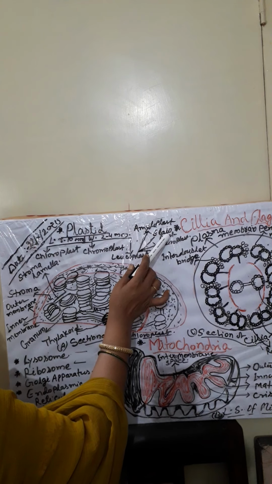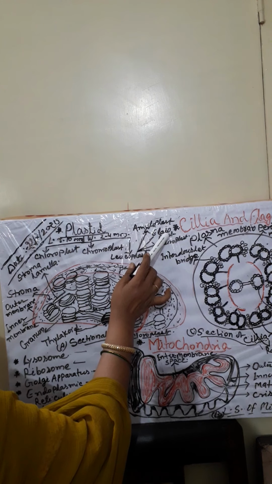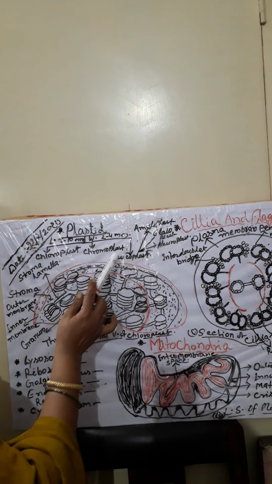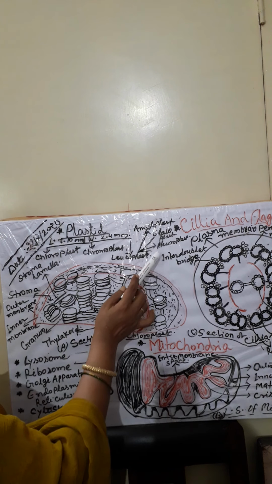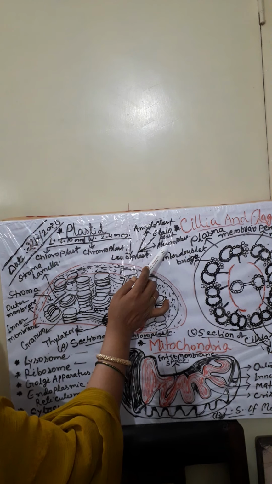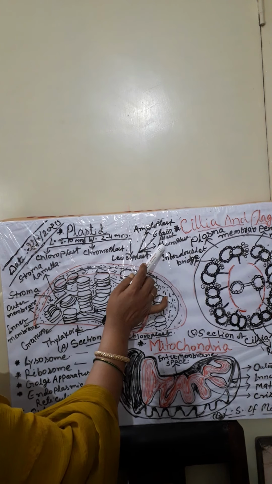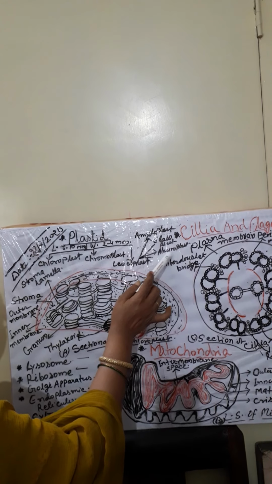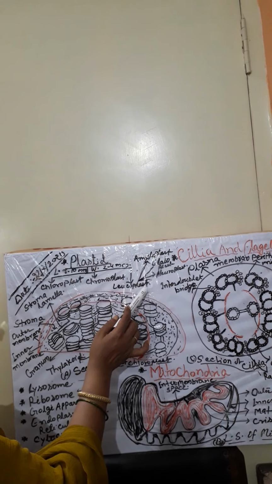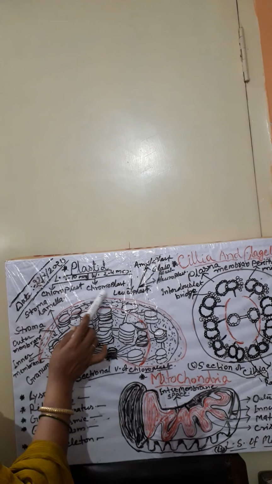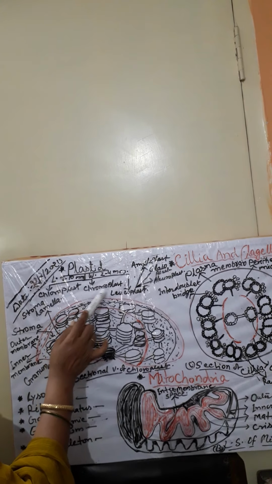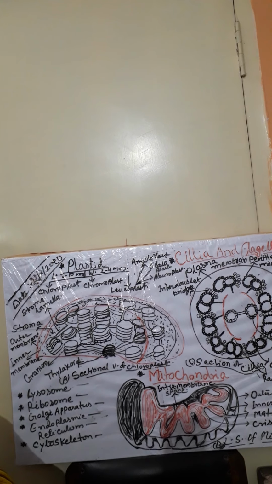Elaioplast stores fats and oils, whereas aleuroplast stores proteins. So these are the three types of leucoplast, and chloroplast, chromoplast and leucoplast are classified on the basis of their pigmentation.